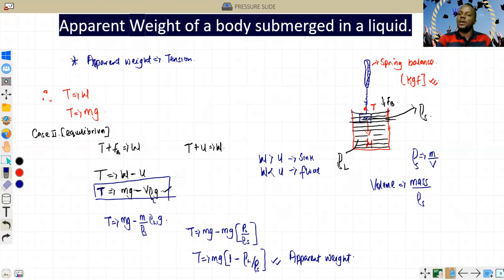And the tension formula is given directly as mg open bracket 1 minus rho L over rho S, where rho L is the density of the liquid and rho S is the density of the solid. Students should be careful not to make mistakes by directly, either you have the formula like this or you have it like this. Both are valid, but this is more valid depending on the nature of the numerical. But most numericals in JUPEB and IGMB, we ask you direct questions with respect to that.